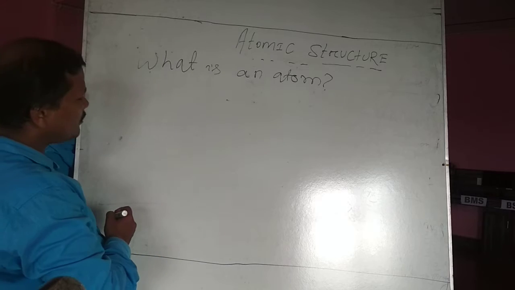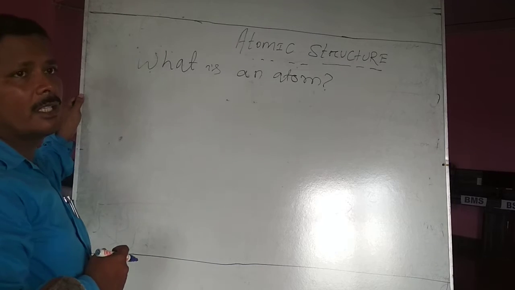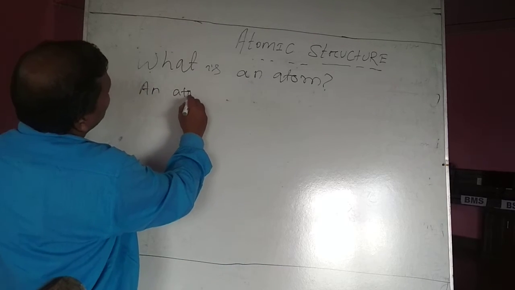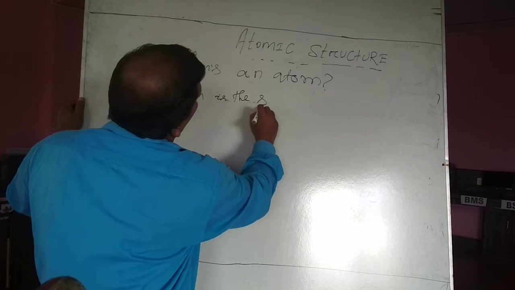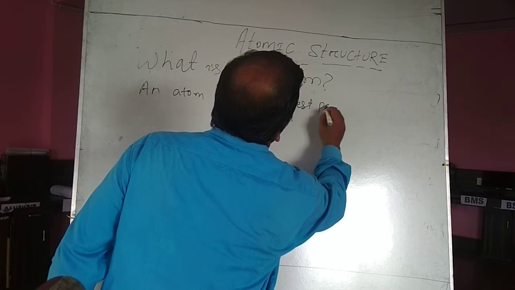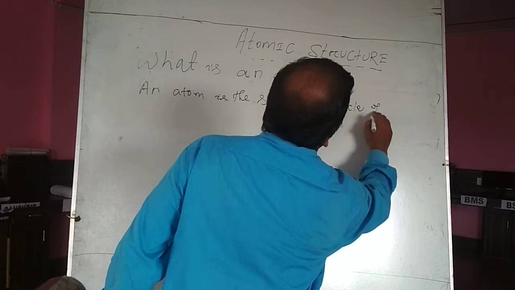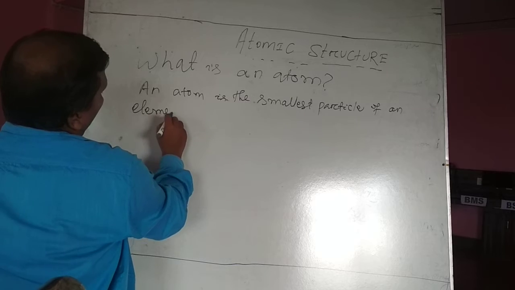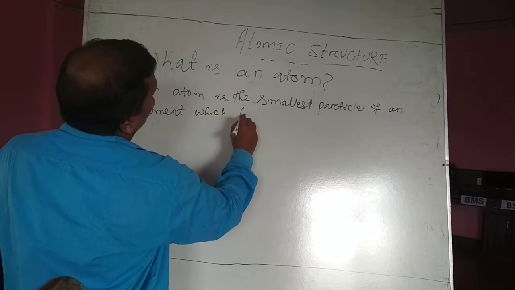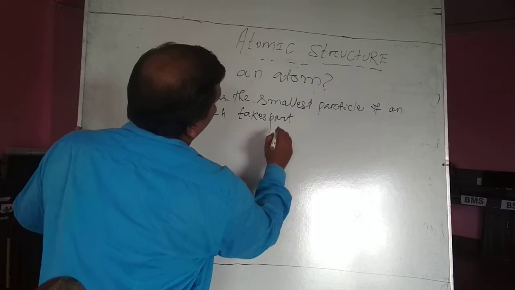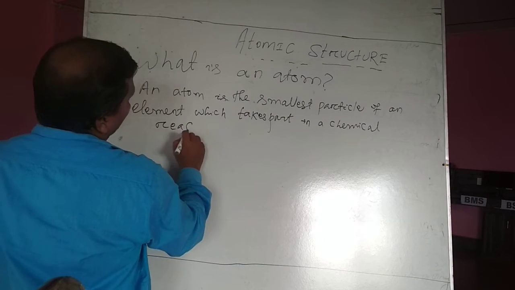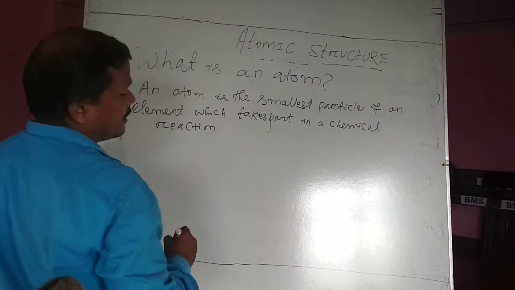So now we can define what is an atom. An atom is the smallest particle of an element which takes part in a chemical reaction.